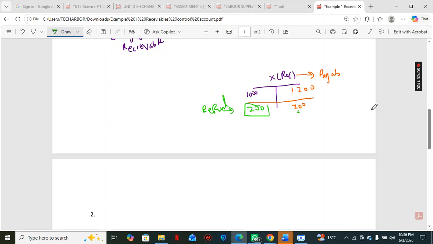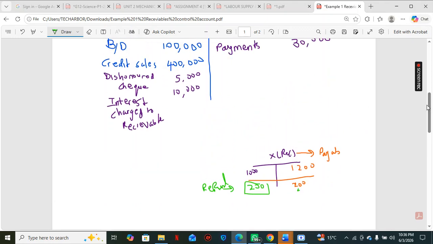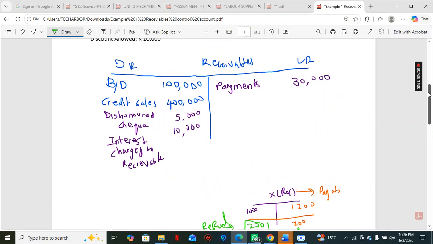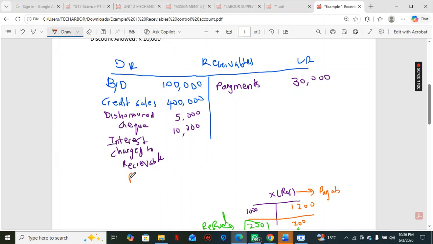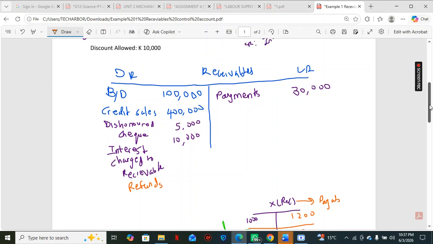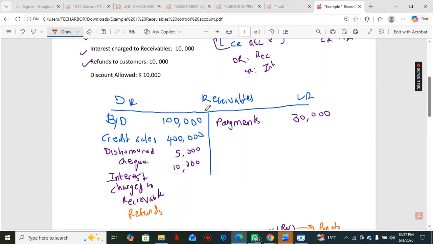So this debit entry comes on the control account on the debit side here. So you're going to say refund to customer, 10,000.